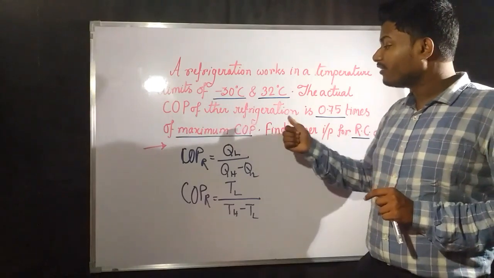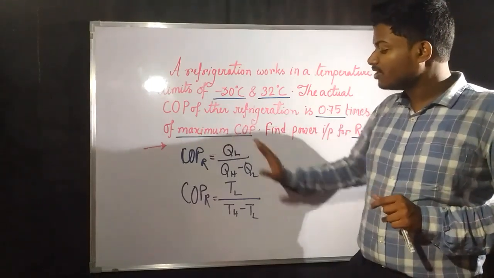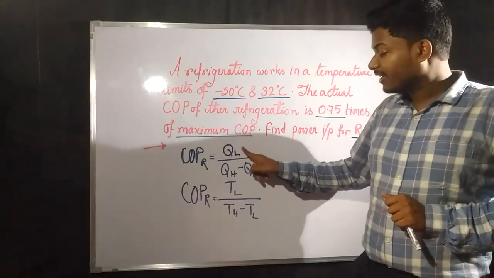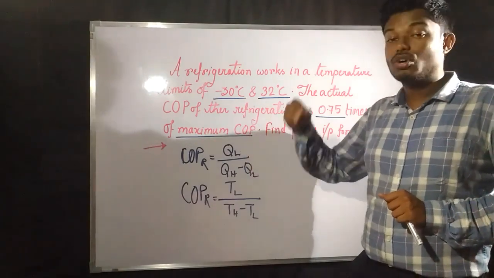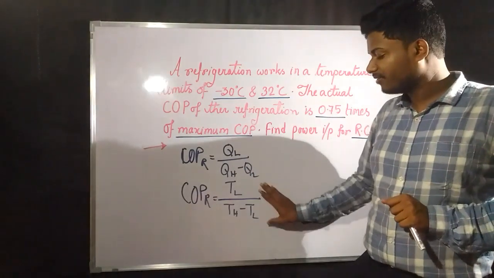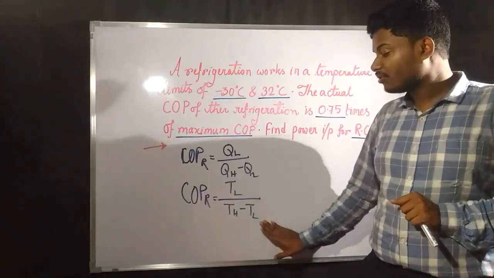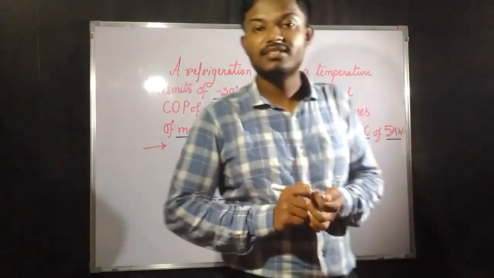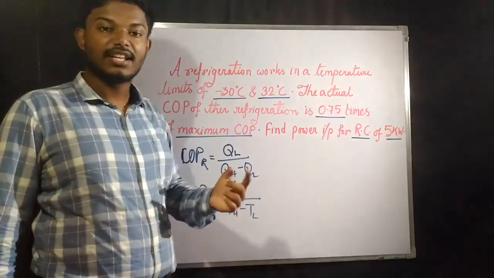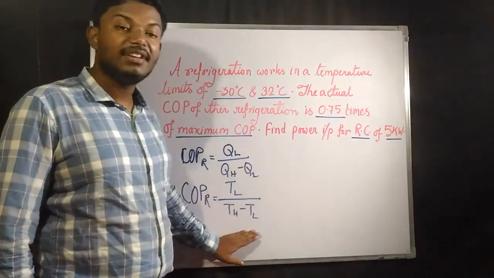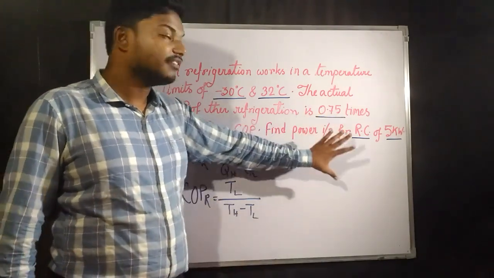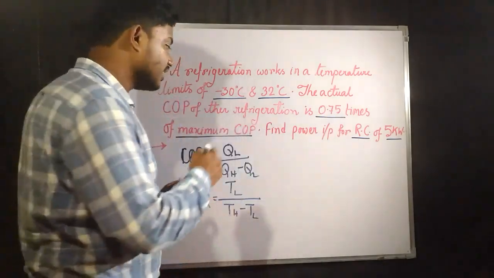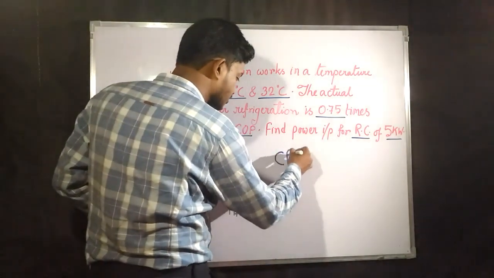Since we need the maximum coefficient of performance, replacing the heat exchange at each thermal reservoir with the corresponding temperature gives the COP for the reverse Carnot cycle, which gives the maximum COP. They have clearly mentioned the actual COP relation. Now let us find out our actual COP.